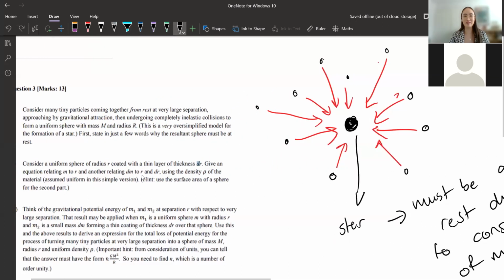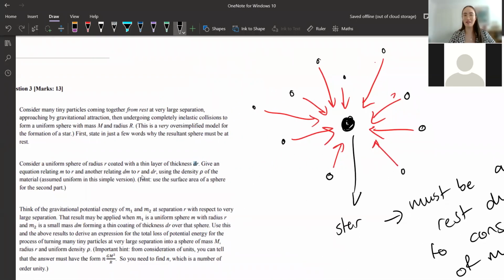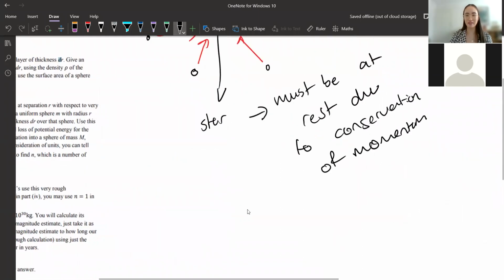And so for this system, we've got so many tiny particles coming from every distance to one spot. And so it is highly likely that there's going to be an equal and opposite particle. And once it all comes together, it's just going to cancel out and be at rest. So that's part 1, basically just the magic of conservation of momentum.